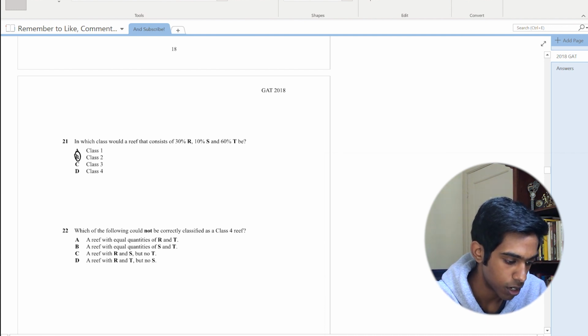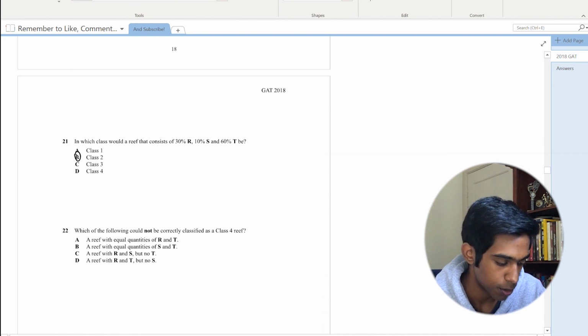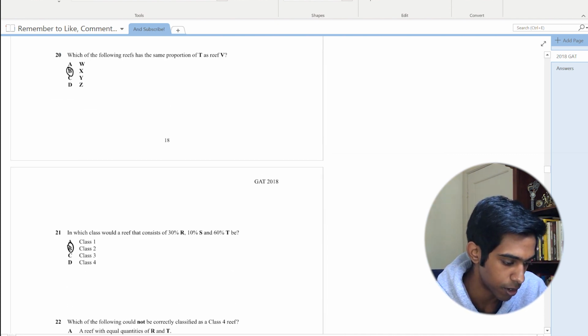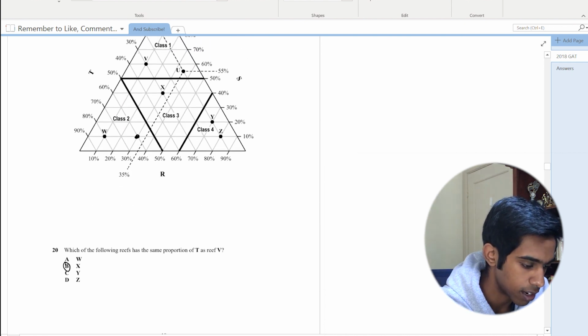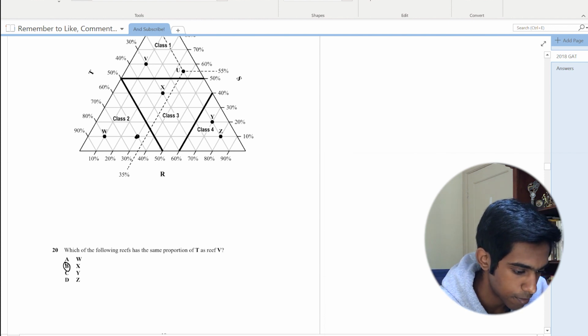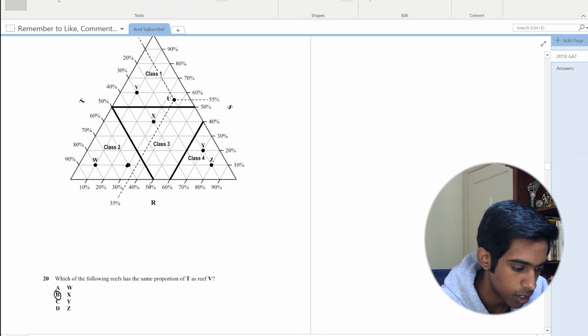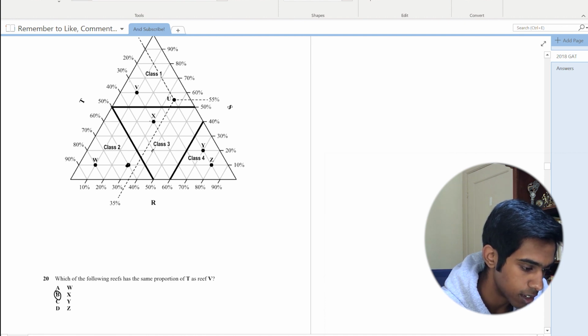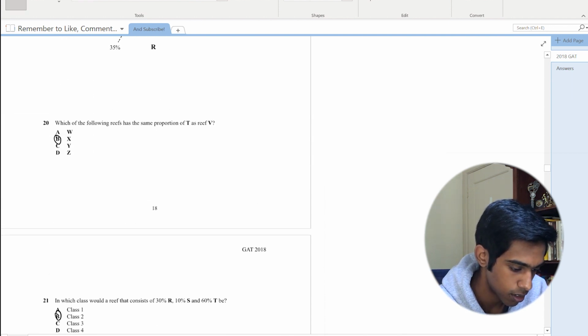Which of the following could not be correctly classified as a class 4 reef? So we'll just look at A and go through all of them. A reef with equal quantities of R and T, so 50%, yep, so that would be 50% R and T, so that would be here, I believe. Or it could be anywhere from, so theoretically it could be 40 and 40 here, could be 30 and 30 here, but none of these could be class 4.